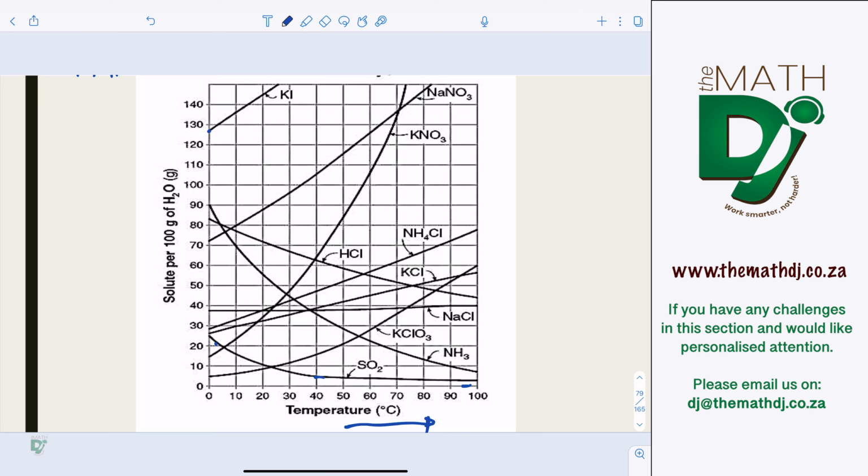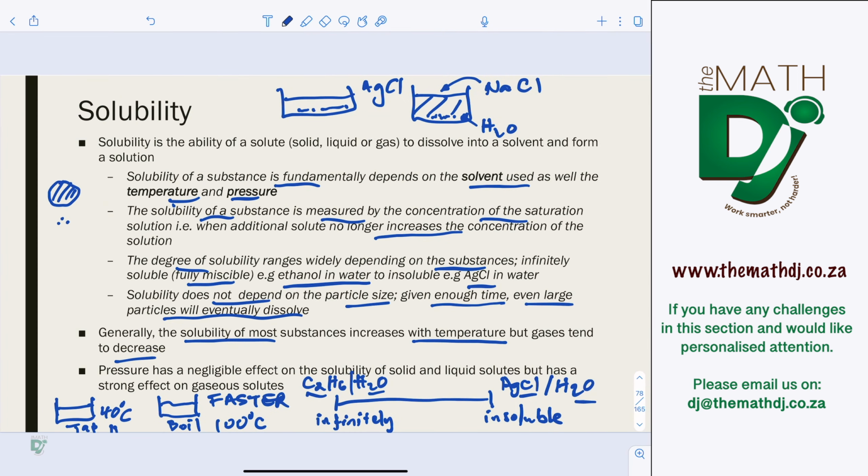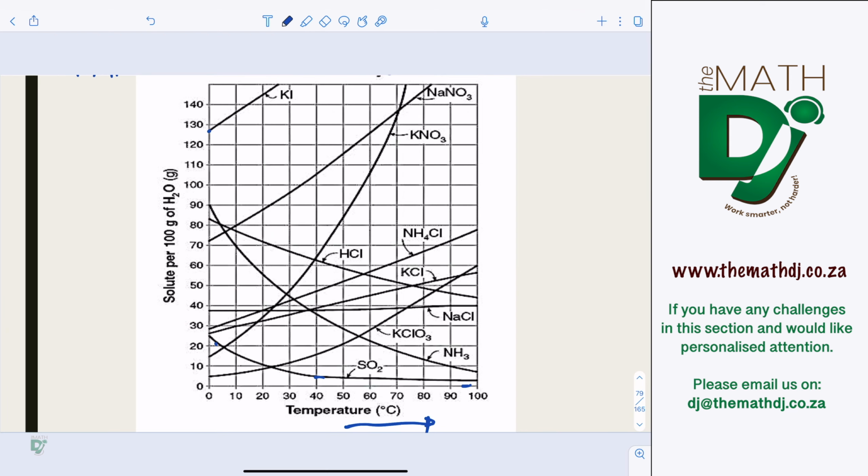So generally, as we said here, solubility for most substances increases with temperature, but for gases it tends to decrease. This is a point you should note as a rule of thumb. This diagram is just to demonstrate for different substances; you are not required to know this graph, but it's just to add to your understanding.